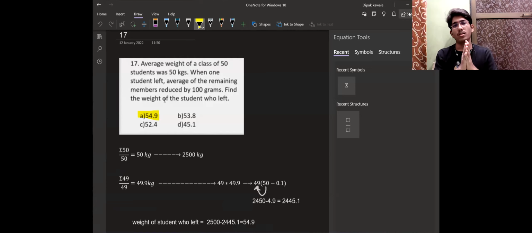So can I assume, look at me student, can I assume that each student is having 50 kg weight? If the average of all the students is 50 kg, can I assume that each student is having 50 kg weight? I can assume that.